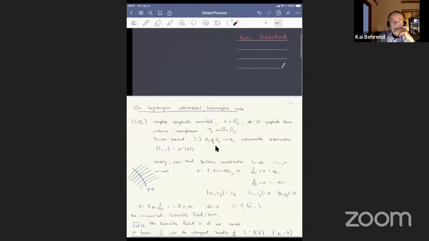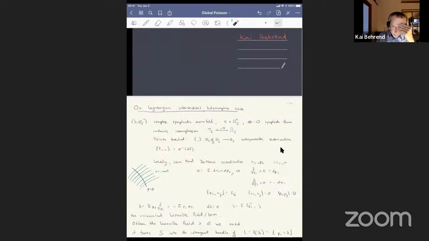And of course, one of the main basic facts about this situation is that locally you can find Darboux coordinates, which I'll call x_i and p_i, i from 1 to n, so the dimension of S is 2n.